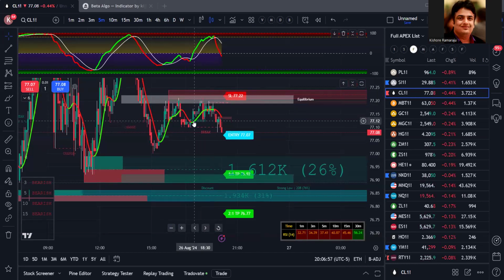So if you see that this one turned from green to red, this one turned from green to red.